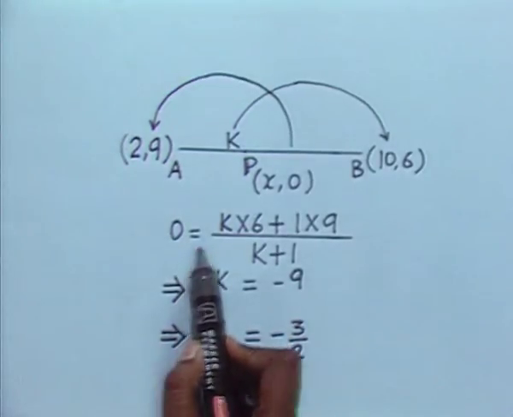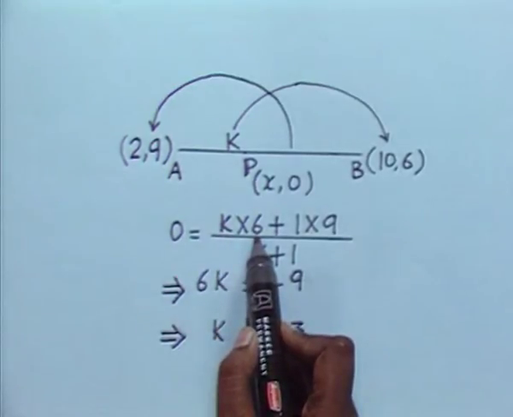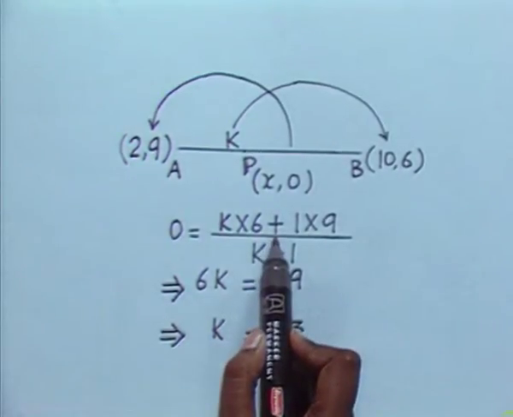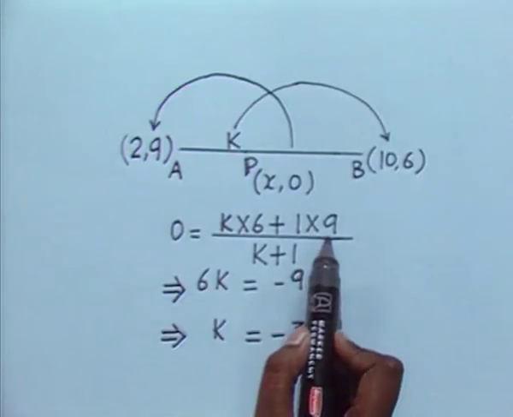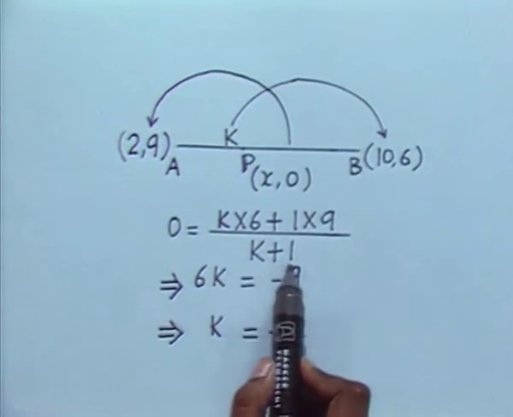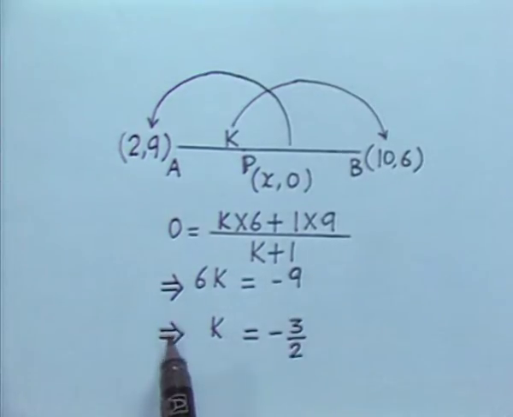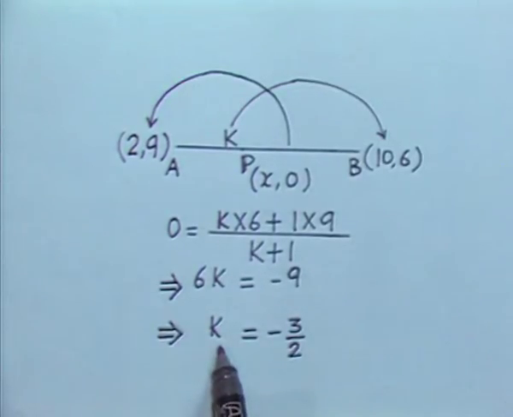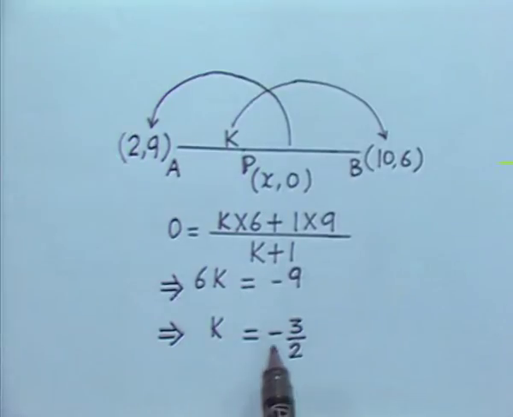Since we know that y is equal to 0, substituting the values here, we get 0 equal to (k times 6 plus 1 times 9)/(k + 1), which on simplifying gives us k equal to minus 3 upon 2.